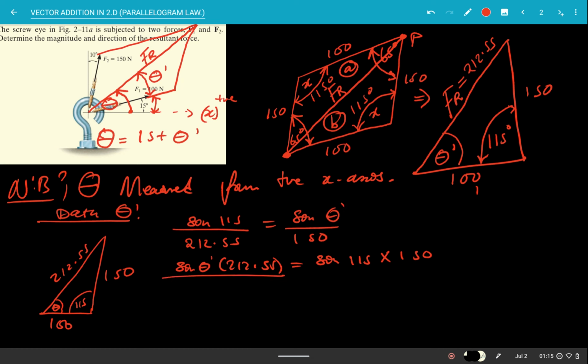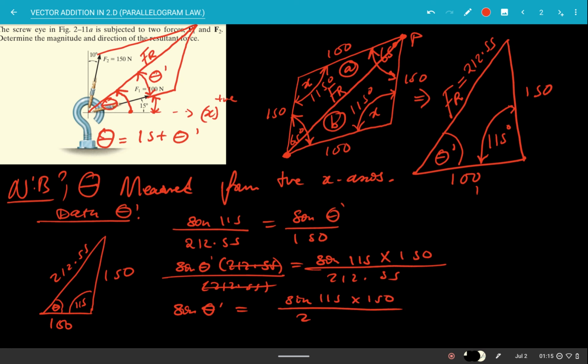Now since I'm looking for theta, I can go with theta prime there. So I will divide both sides by what? 212.55. Even this side 212.55. So that cancels with that. So I have sine theta prime being equal to sine 115 times 150 divided by 212.55. Now, since we're looking for theta prime, it means that theta prime is equal to sine inverse of sine 115 times 150 divided by 212.55.